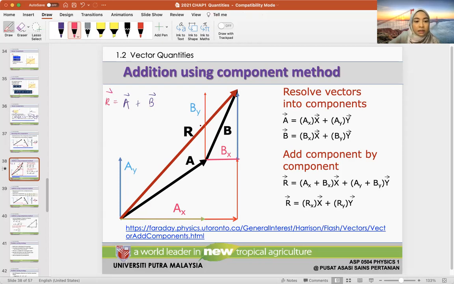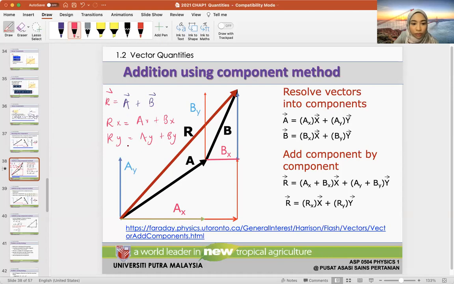Sorry, I'm stuttering a bit. So the resultant of vector A and vector B is Rx equals Ax plus Bx, adding of the same kind. And then we have Ry equals Ay plus By, adding of the same kind.